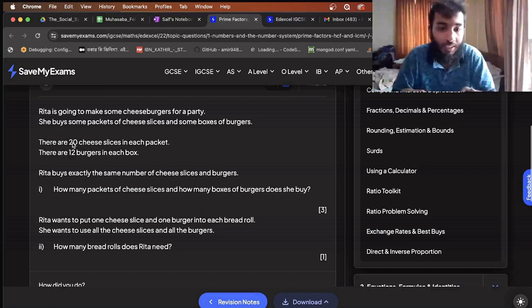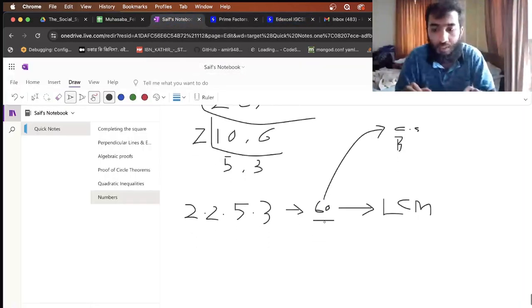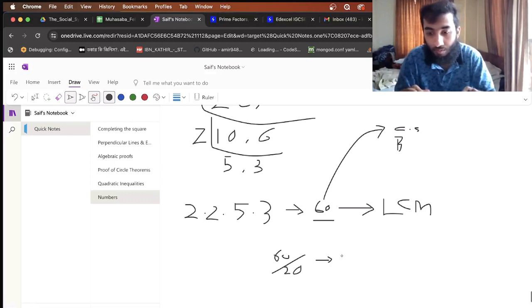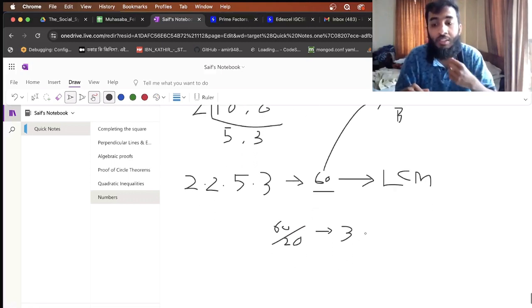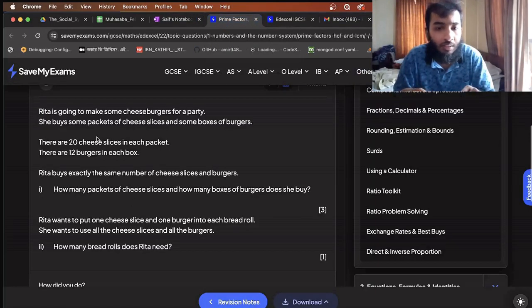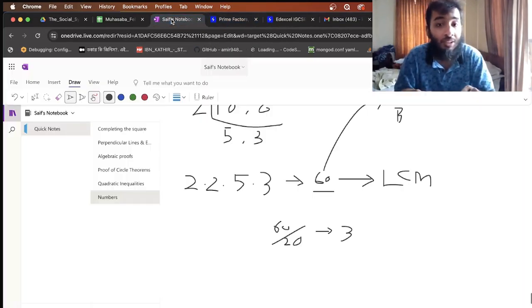Each packet has 20 cheese slices. So if Rita requires 60 cheese slices, I divide 60 by 20, which is 3, so Rita needs 3 packets of cheese slices.